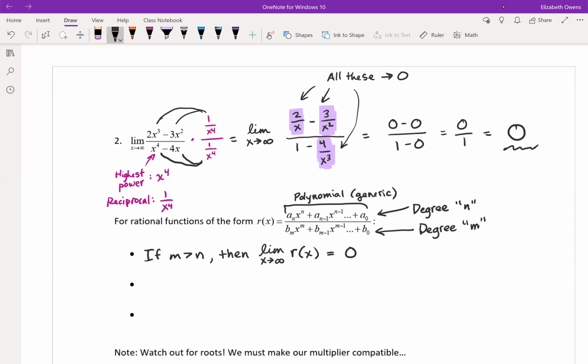All right. Now, if m is less than n, so the denominator is of a lower degree than the numerator, then the limit as x approaches infinity of r of x is actually going to approach either positive or negative infinity. This one is not quite so nice of a case where we get a good constant.